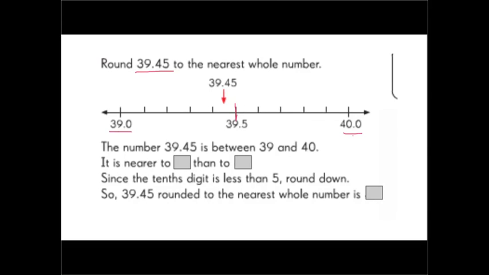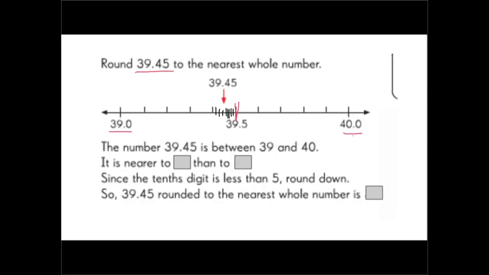We know right in the middle is 39 and 5/10. And we know that 39 and 45/100ths is the same as if we were to add 10 little tiny lines in here, and we're looking at the fifth.